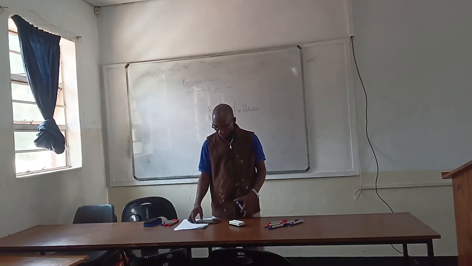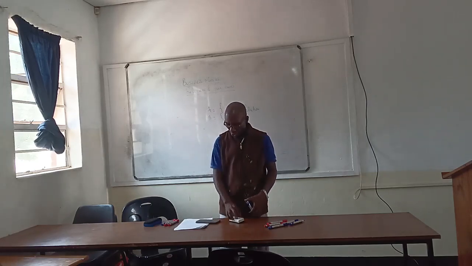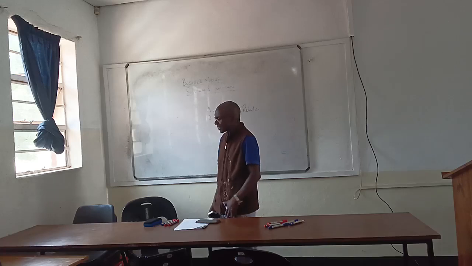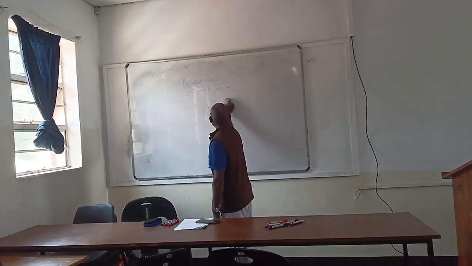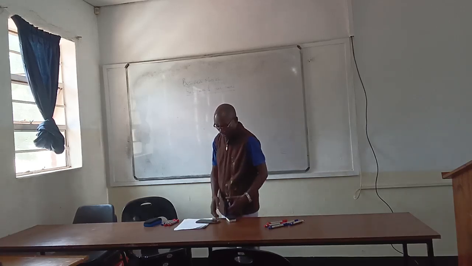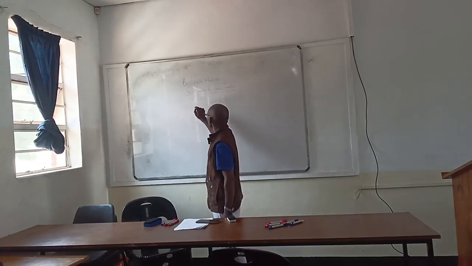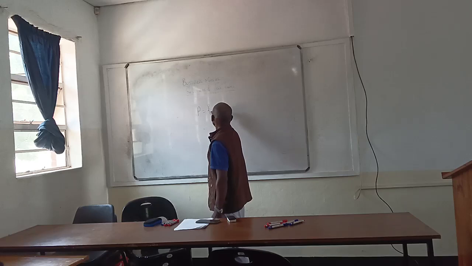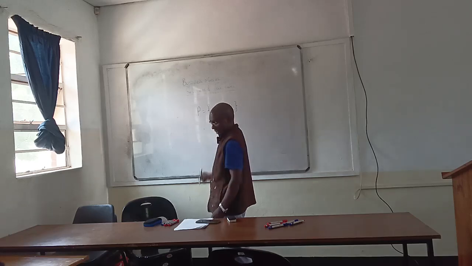For example, let's define relations in terms of set P and set Q. Let's assume that set P has elements A, B, C, and D. They have 4 elements, all right?